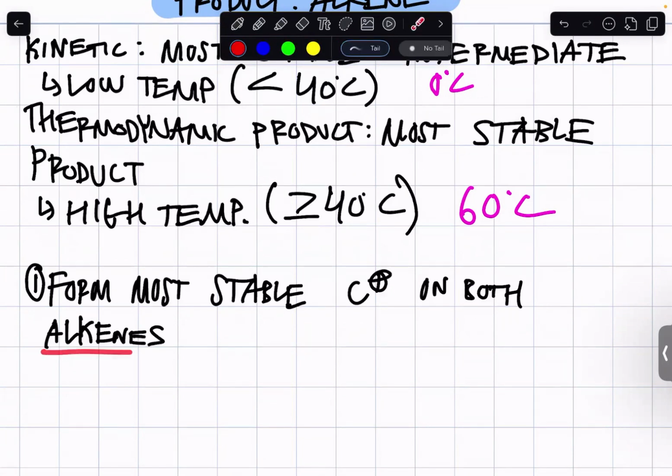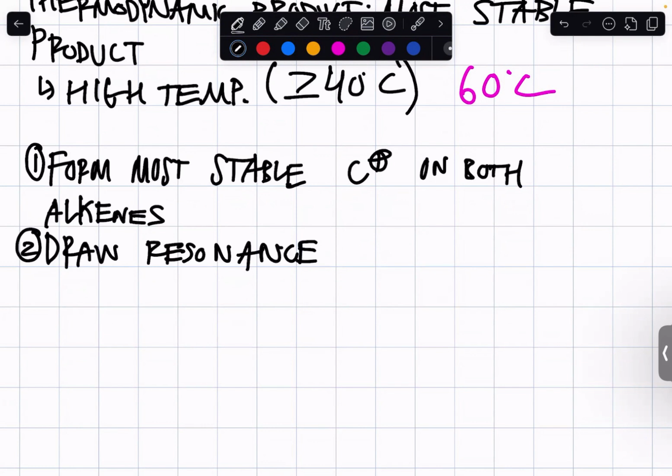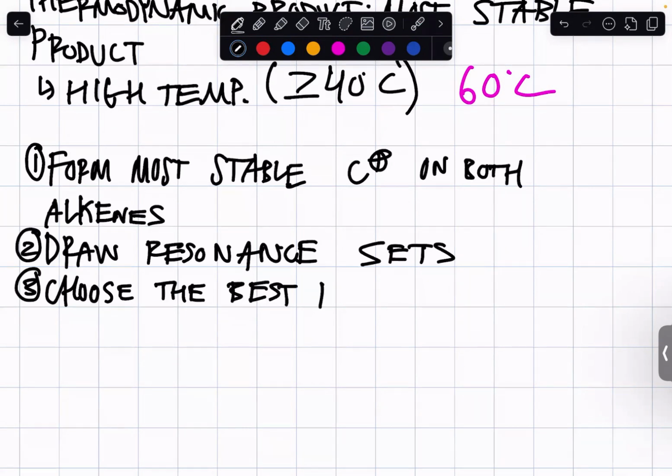We're going to react with both alkenes and form the most stable carbocation there. There's a tricky part to this, and I'll show you when I go over examples. The next step is to draw resonance sets for both alkenes. And the third step is to choose the best resonance set, the one with the most stable carbocation intermediates.